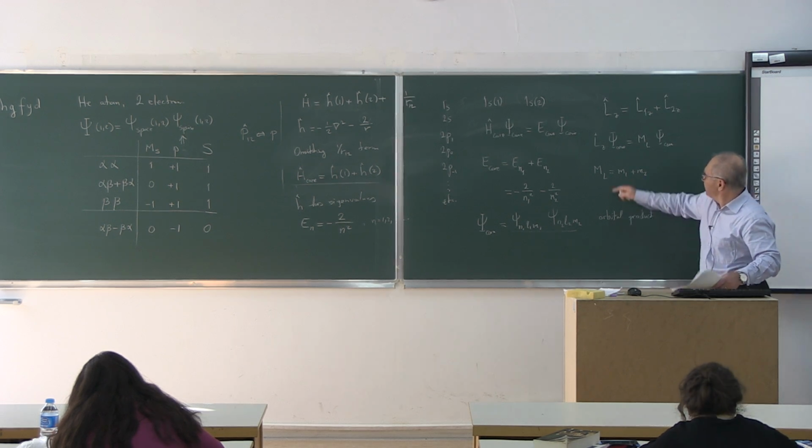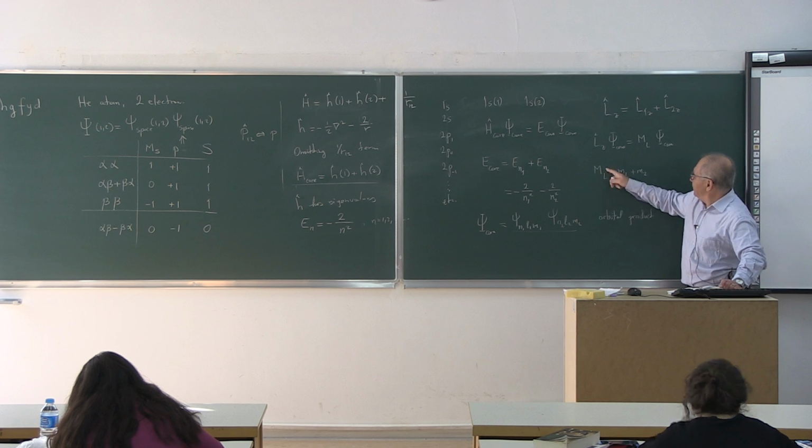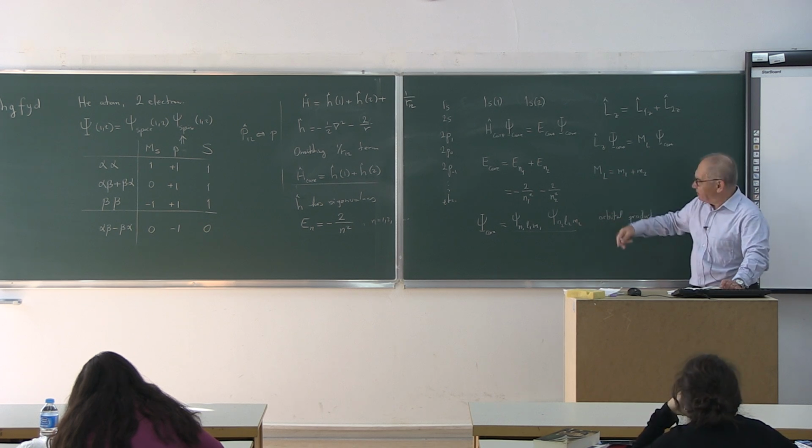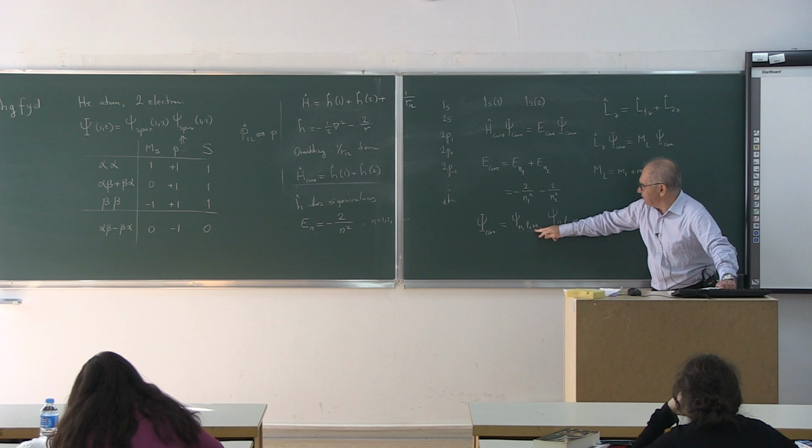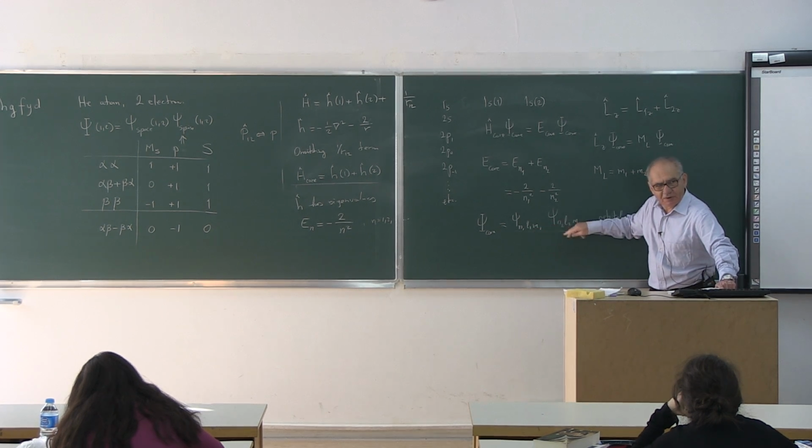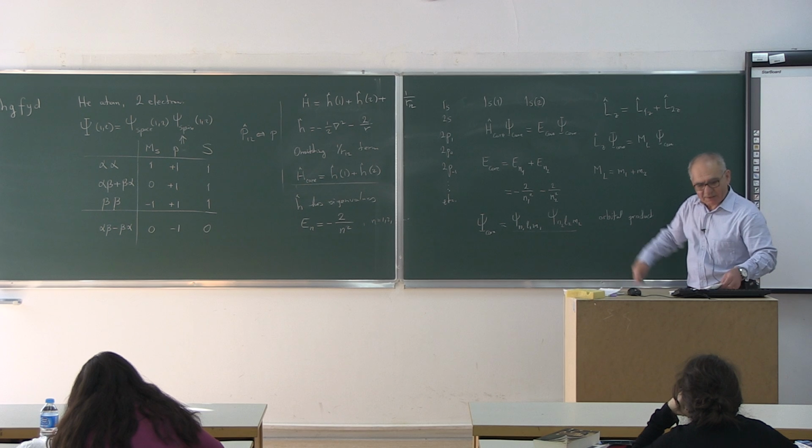In other words, the total ML is obtained by adding the small m values for each orbital in the product.